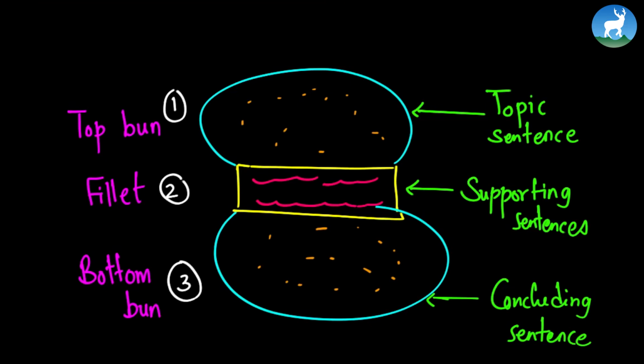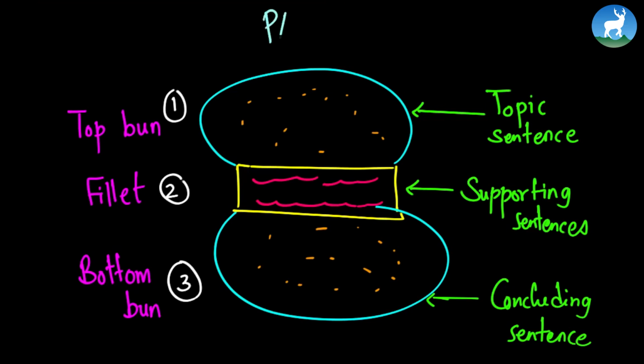So a well-written, fully developed paragraph will have three basic elements. Let me repeat that. Three basic elements, starting from a topic sentence and moving to supporting sentences, followed by one major idea or one conclusion, the concluding sentence. Sorry, concluding sentence. It's only a sentence, all right? So that's the burger method, or a fun method of writing a paragraph.